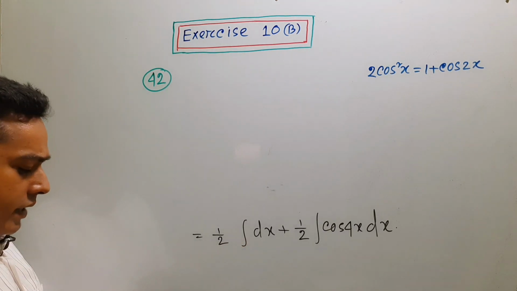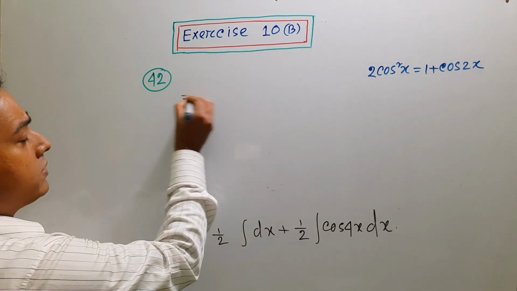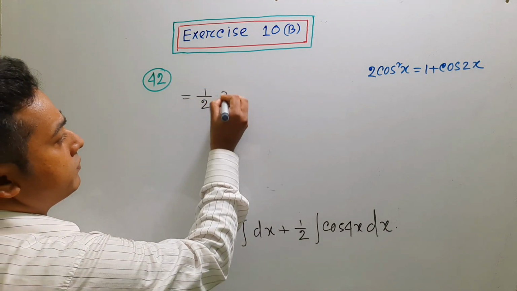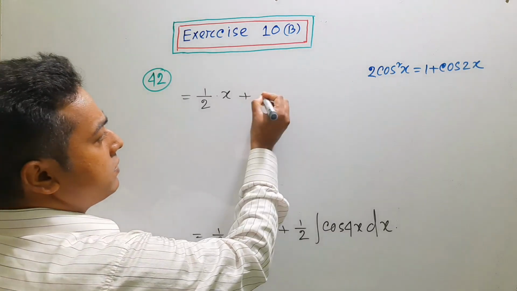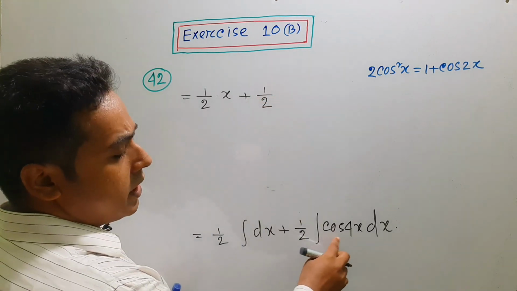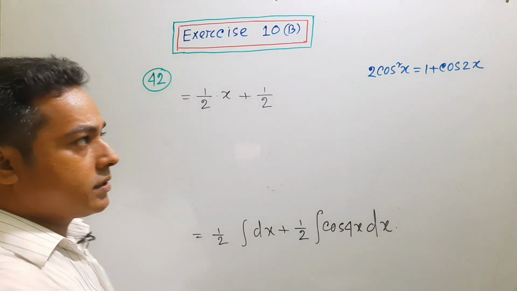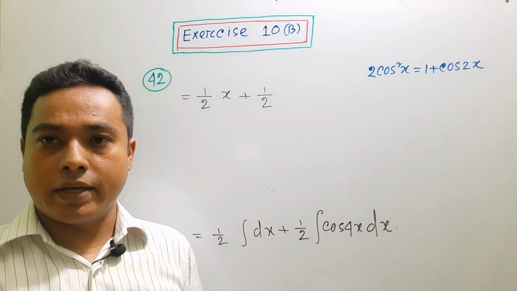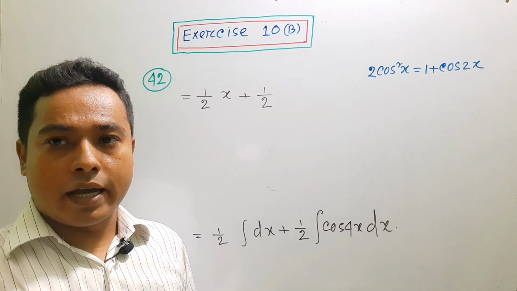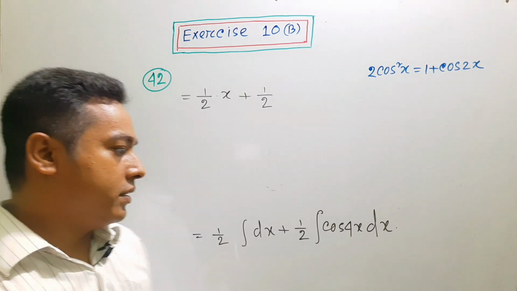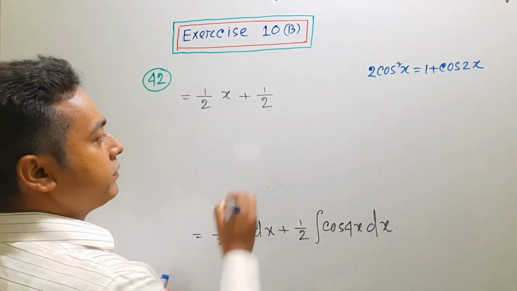Okay, integration of dx is equal to x plus integration of cos 4x. Integration of cos 4x, we know that integration of cos mx is equal to sin mx divided by m plus c. So here m is equal to 4.